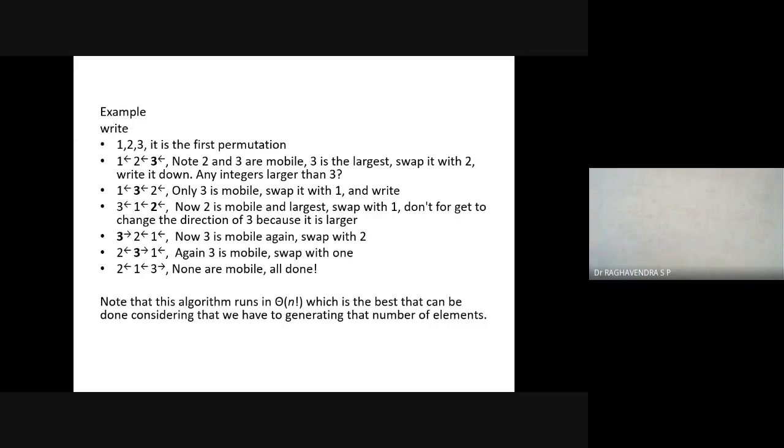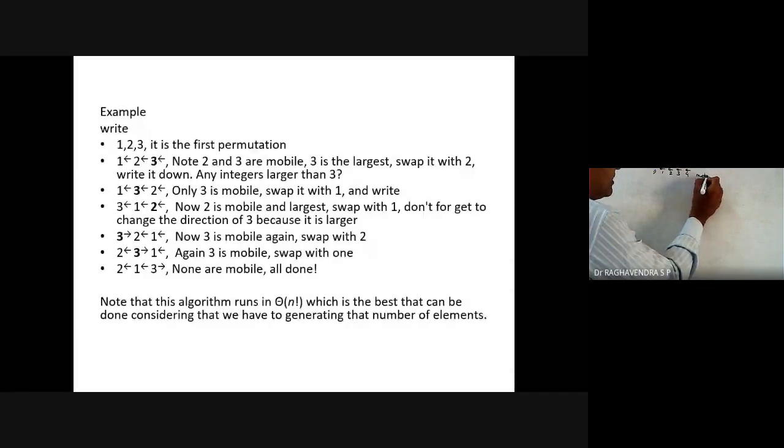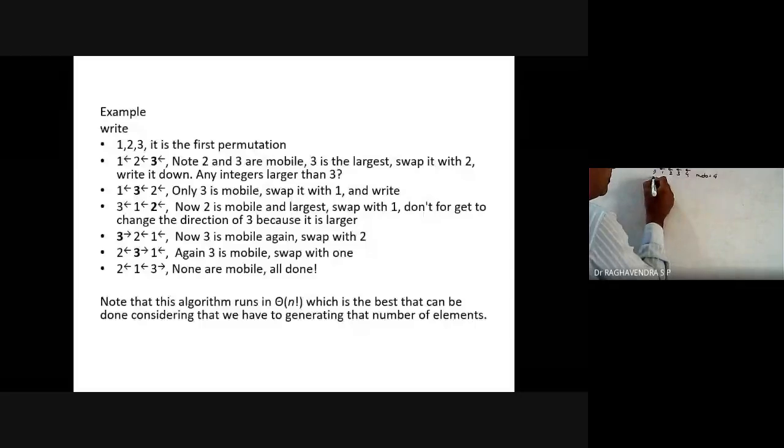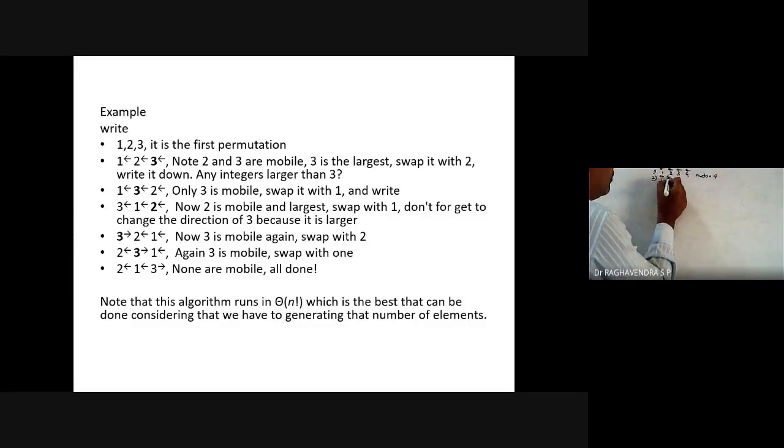Four numbers, I can do it. Simple, I will do it. Just go see here. We have 1, 2, 3, then 4. Mobile is 4. Then what happens? 1, 2, 4, 3, because we have to change this.